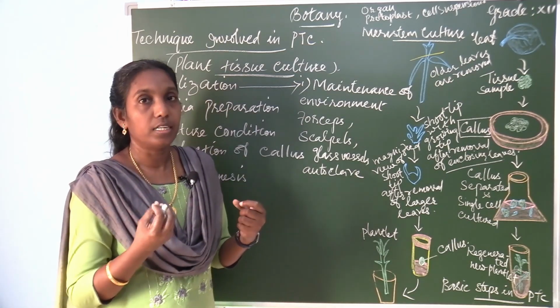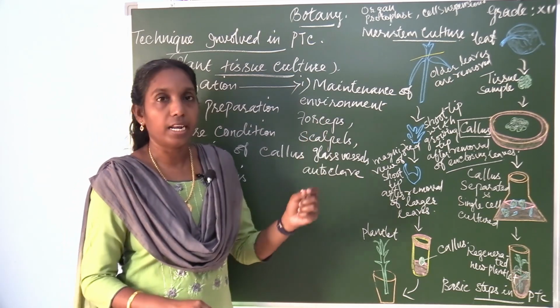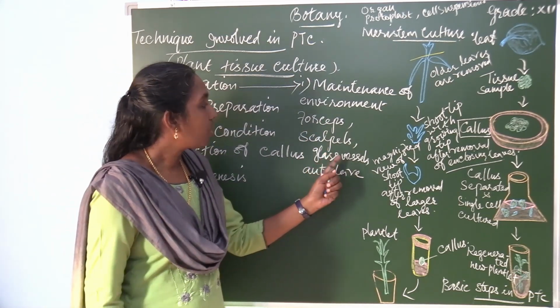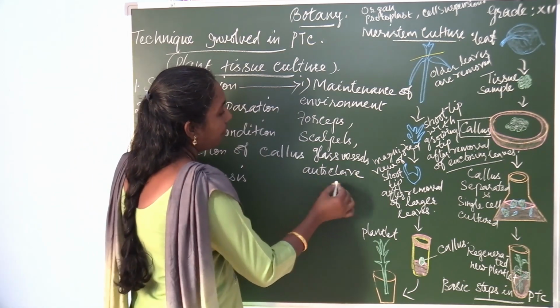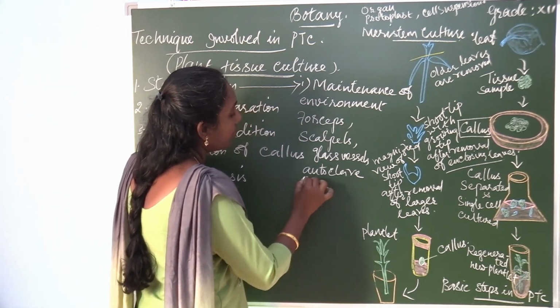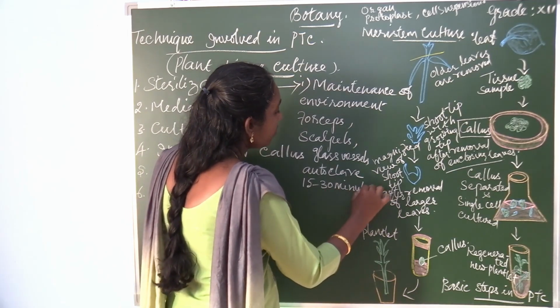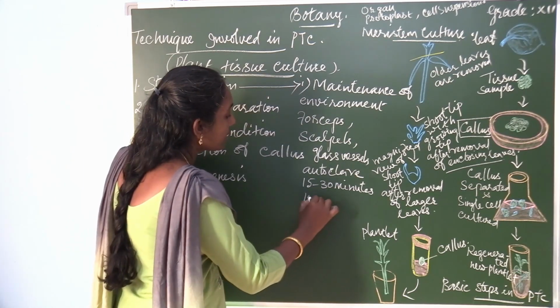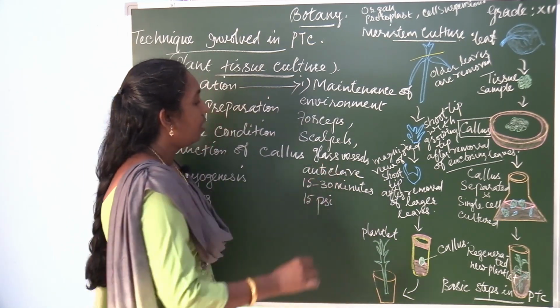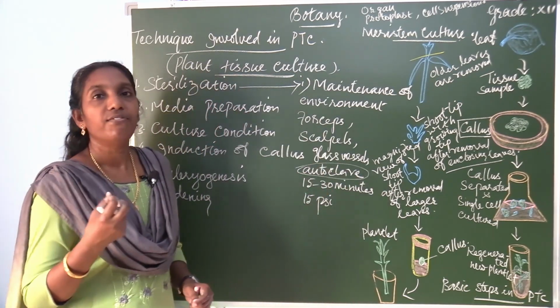All the glassware must be sterilized with an autoclave, using 15 to 30 minutes at 15 psi. The autoclave gives wet steam.